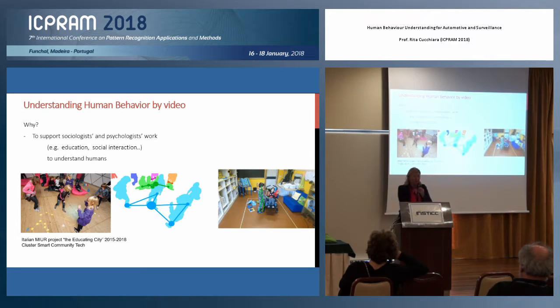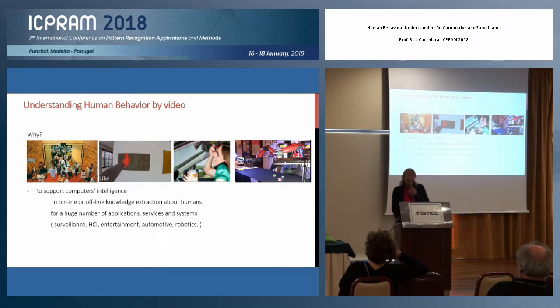For instance, to extract data about the distance between people and the relationships between them. On the other side, human behavior understanding is becoming more important because of computer intelligence.